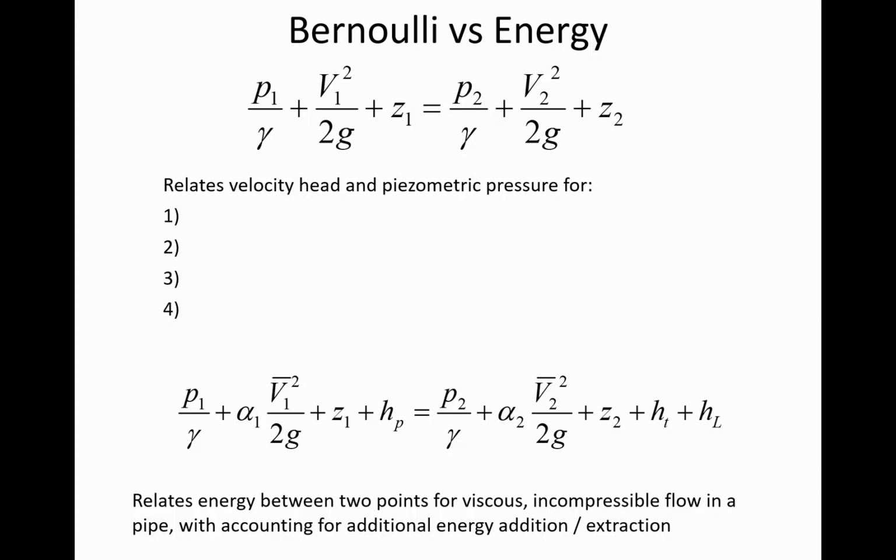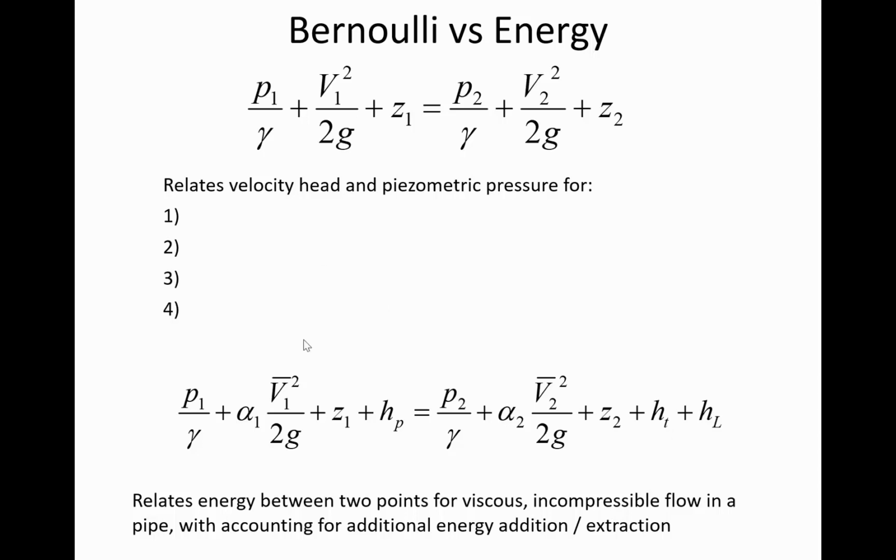If we say that location 1 is some point in a pipeline upstream, and location 2 is some point in a pipeline downstream, you can put things between those 2 locations like a pump or a turbine, and it'll either add or extract energy respectively. So we'll talk all about that here as we define the terms of the energy equation.